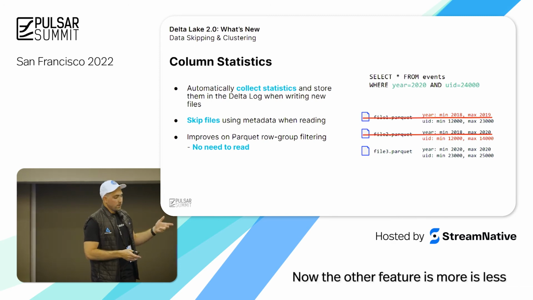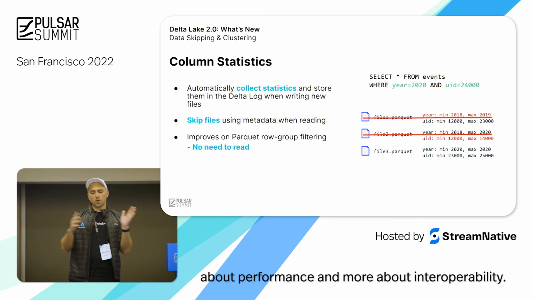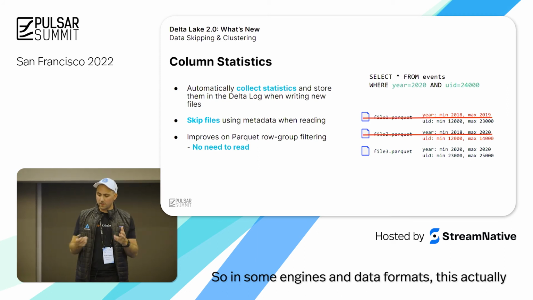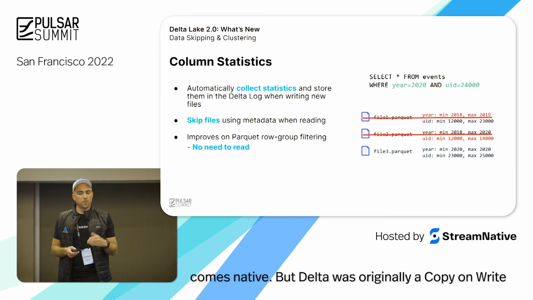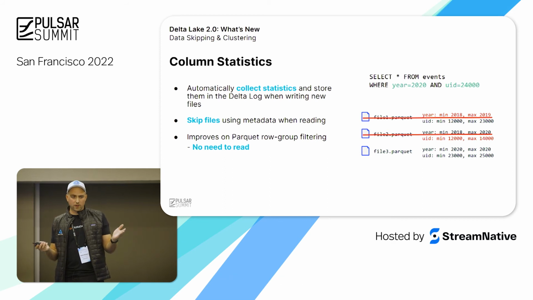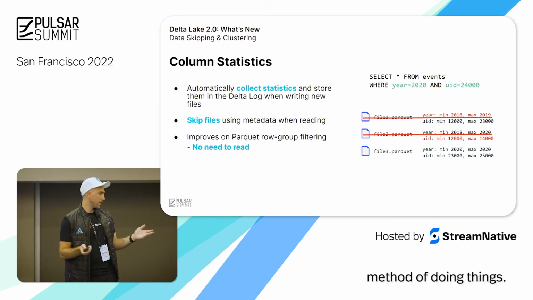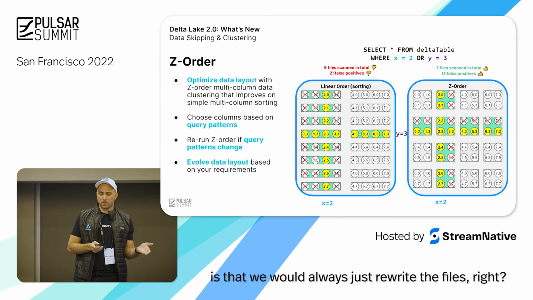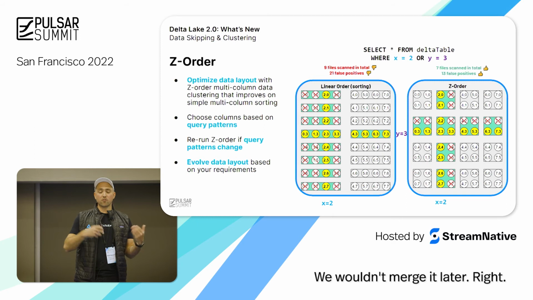Now, the other feature is less about performance and more about interoperability. In some engines and data formats, this actually comes native, but Delta was originally a copy-on-write method of doing things. What that meant is that we would always just rewrite the files, right? We wouldn't merge it later.